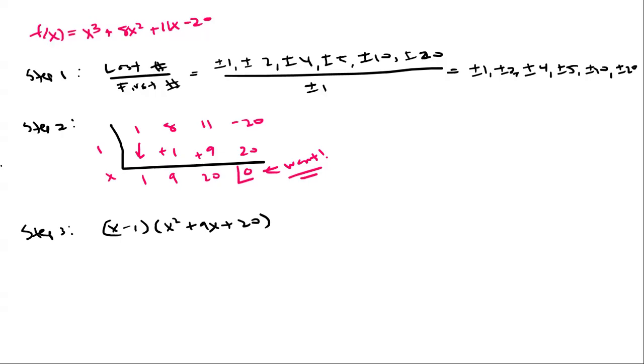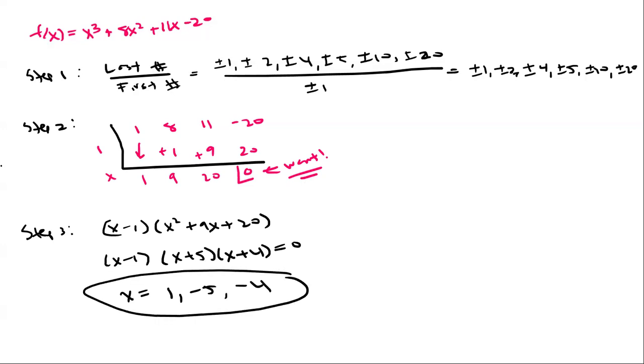Okay, and then we just factor this further down. So this will be x minus 1, and then this factored, it will be x plus 5, and then x plus 4. And then we set that equal to 0. Okay, so that's going to give us x is equal to 1, -5, and -4. All right, and what are those? These are the zeros that they want, or the roots. Okay, and that's how you do it.